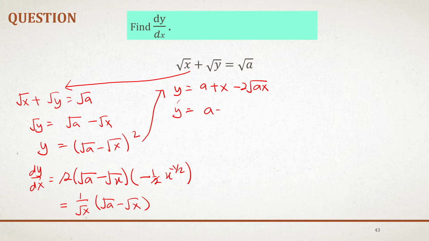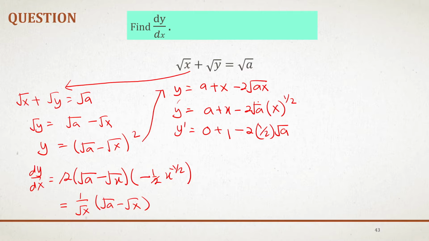So y equals a plus x minus 2 root a x to the power of half. So now y prime: differentiate a is 0, differentiate x is 1, then this one is 2 multiplied by 1 over 2, and then I have my root a, and differentiating this one is actually 1 over root x. So finally I will have this one cancel: 1 minus root a over root x.